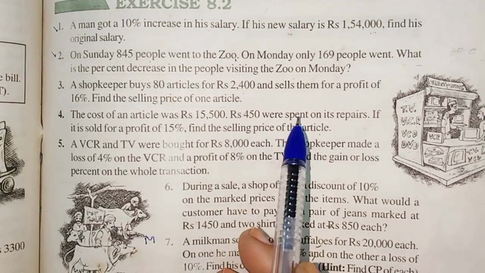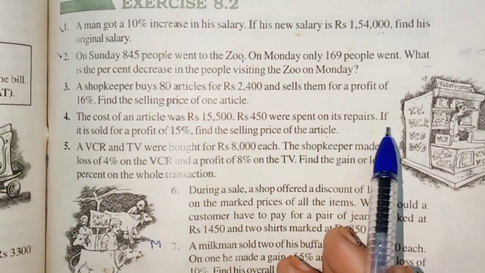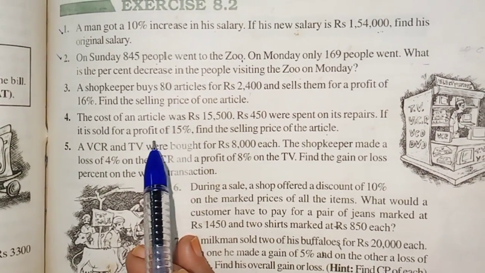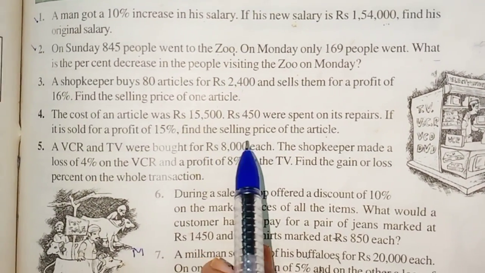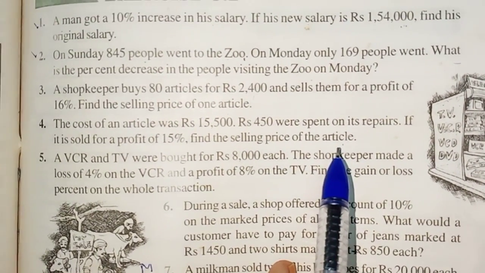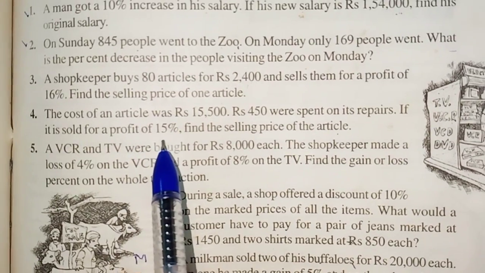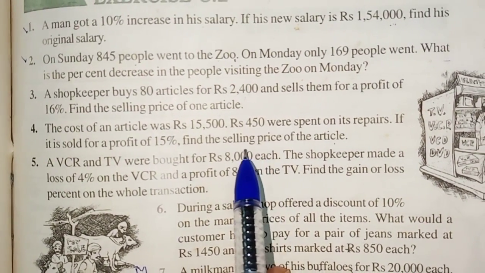Then that is the total CP. Then what else is given? It is sold for a profit of 15%. Find the selling price of the article. So here we know the total CP, we know the profit percent, and we have to find out the selling price of the article.